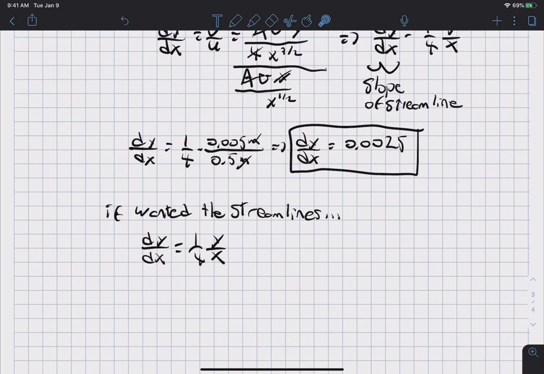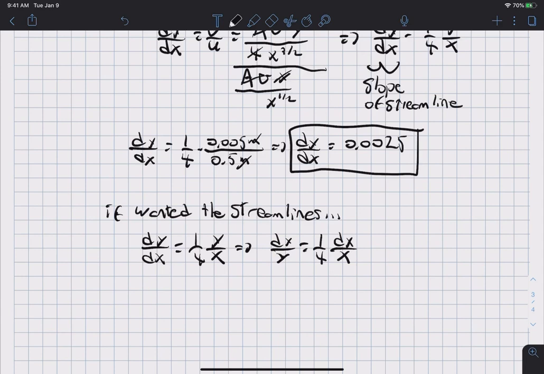So this is a nice first order separable ODE, and so we separate, and this implies that dy over y equals 1/4 dx over x.